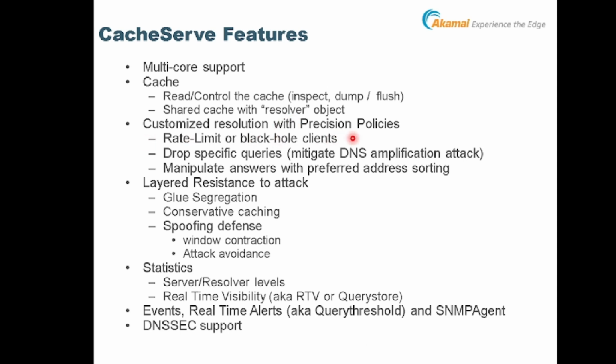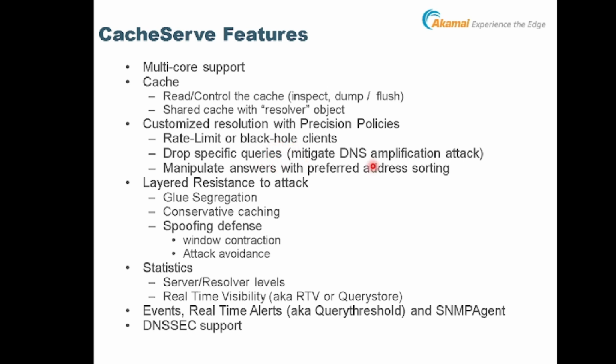We already mentioned the precision policies. Again, I just call these policies. Precision policies is a marketing term, but they are policies. One of the uses of policies is to say deny service completely. So that's the example that we will use.